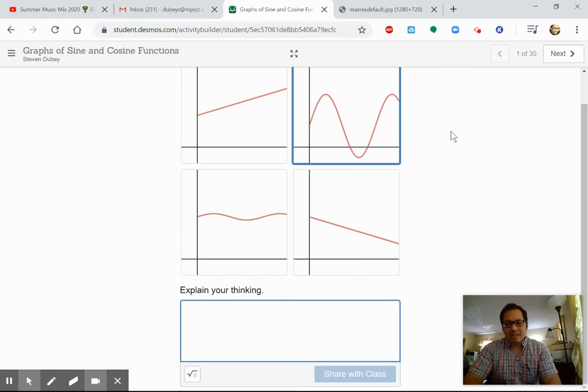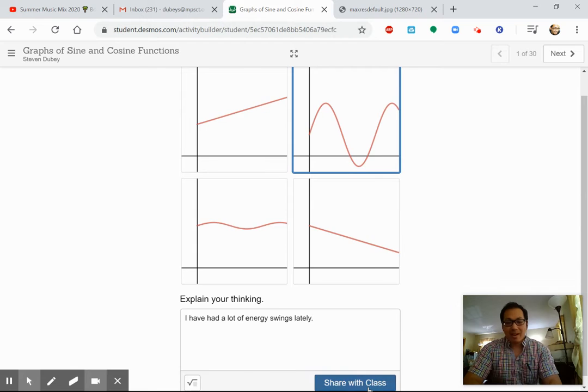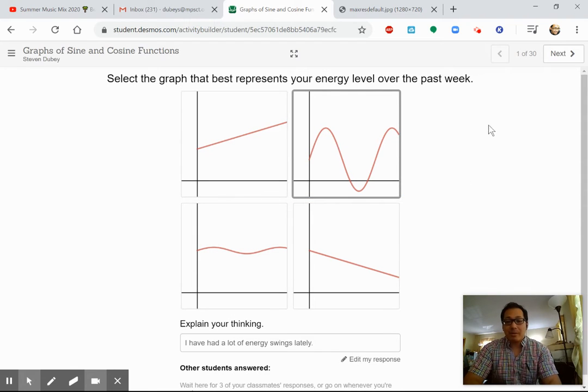I'm going to say I've had a lot of energy swings lately. One day I'm super energized, ready to do some work, be productive, and then the next day I'm like, whoa, where did all that energy go? You might feel that way too.